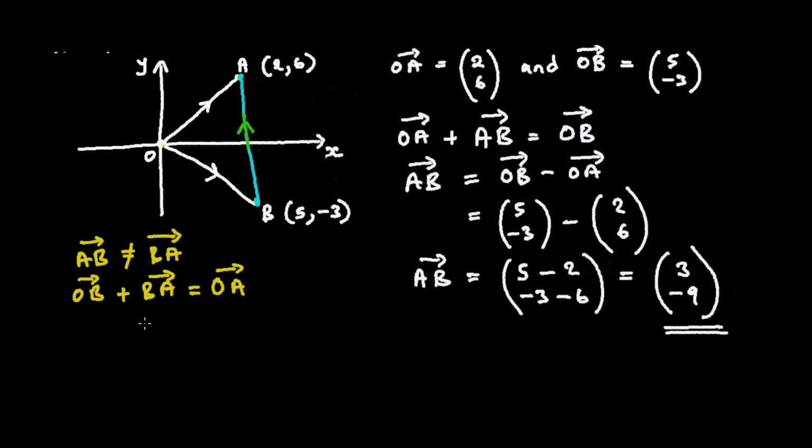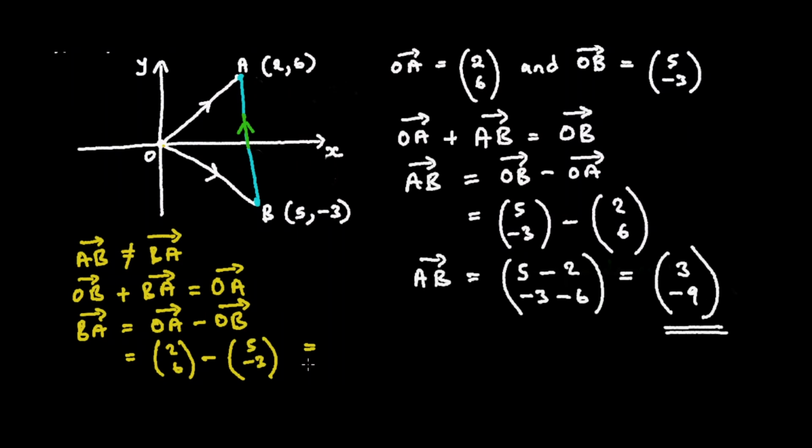Alright, before we do that, let us make BA the subject of the formula to make our life easier. BA is equal to OA minus OB. That said, what is OA? OA is 2, 6, subtracting OB, what is OB? OB is 5, minus 3.